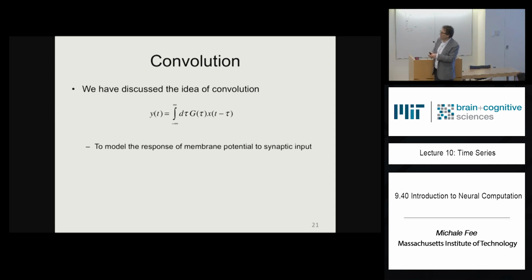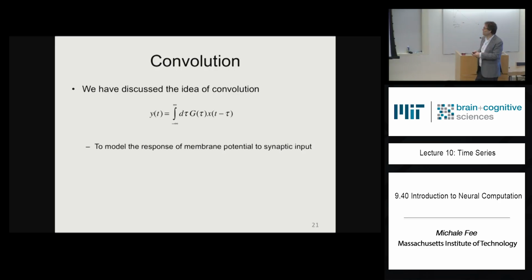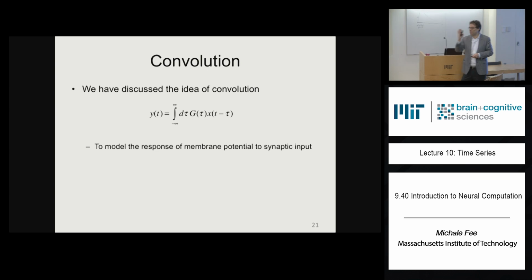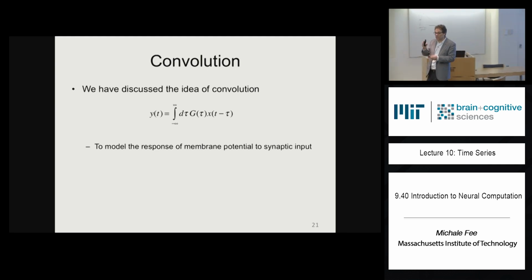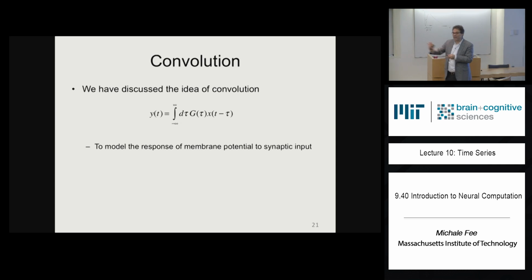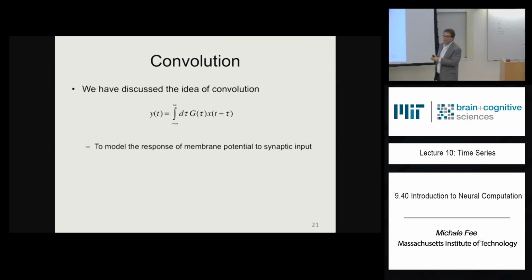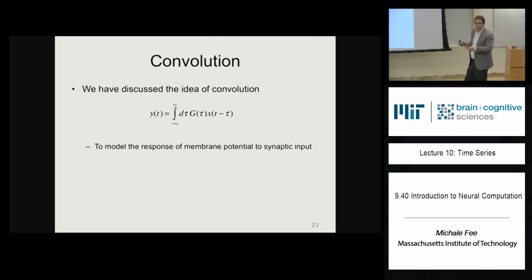That gives you an output, y of t. We've used that to model the membrane potential of a synaptic input. In that case, we had spikes coming from a presynaptic neuron that generate a response in the postsynaptic neuron, and we can model that response as a convolution of that exponential with an input spike train.